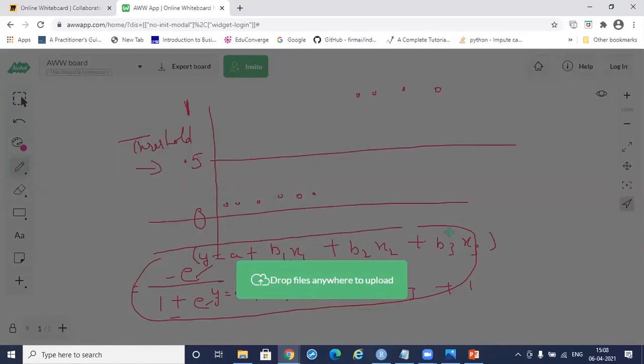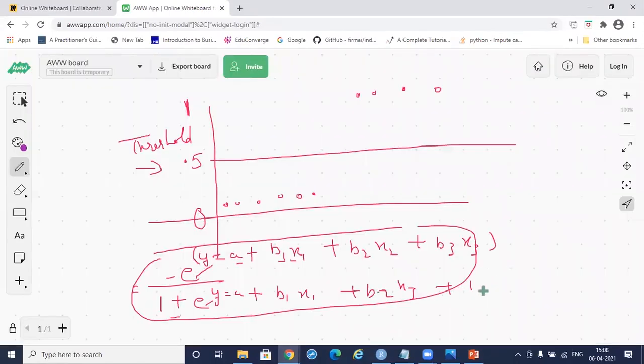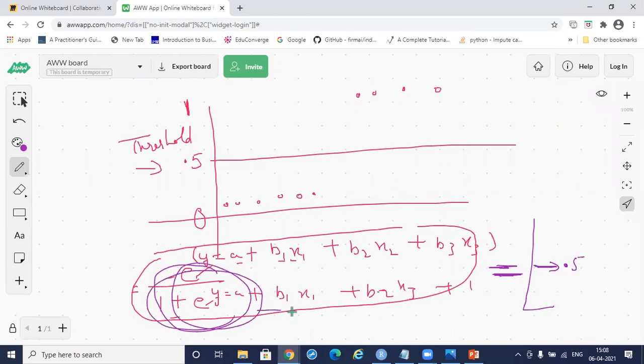When this equation is resolved internally, one has to think about what answer is coming here. All the answers should be above or below the 0.5 threshold. So we have to check what probability it is giving.